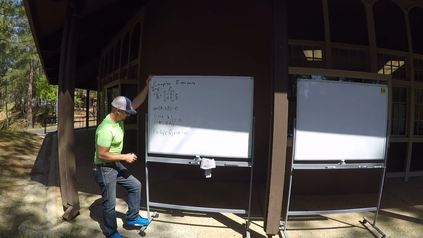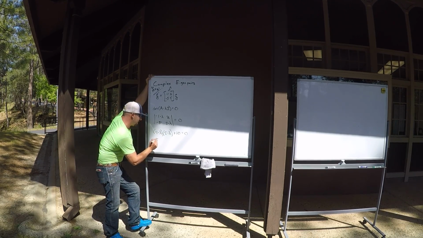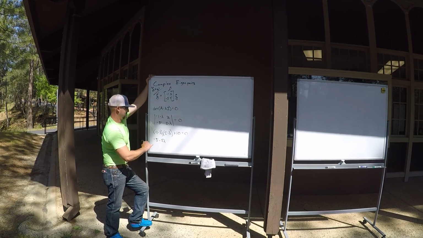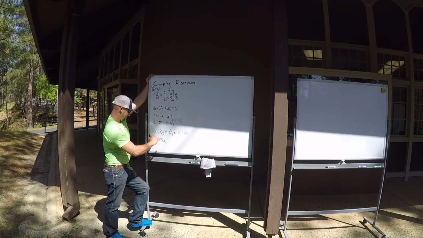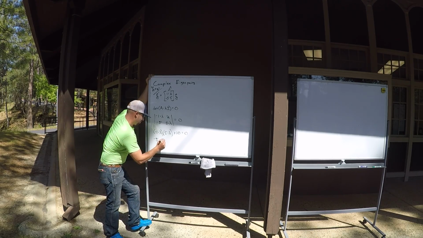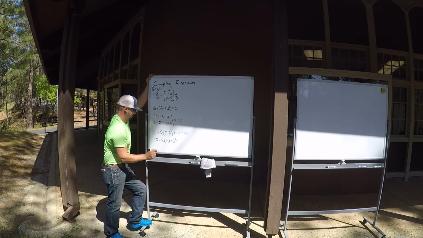Then I need to FOIL. So I got negative 5 minus 5 lambda. Oh crap, how do you FOIL? I always just draw the lines.